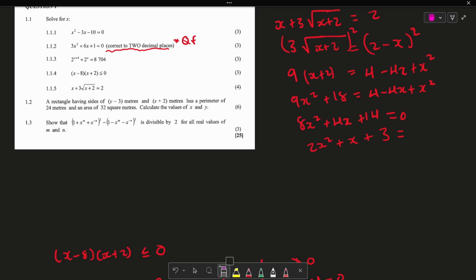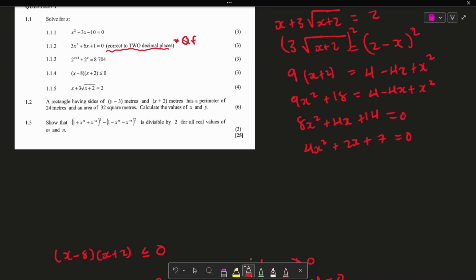So 4 doesn't go into 14. Okay, we can just take out 2 as a common factor. Means you're gonna have 4x squared plus 2x plus 7 is equal to 0.